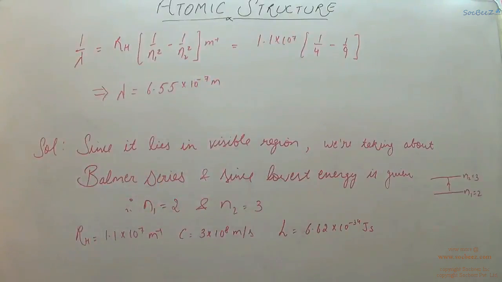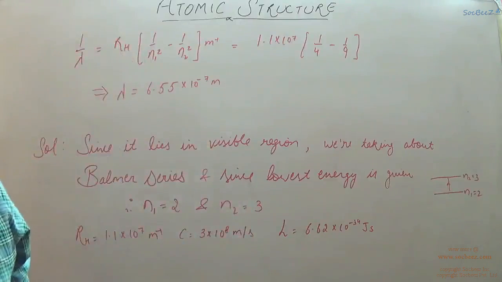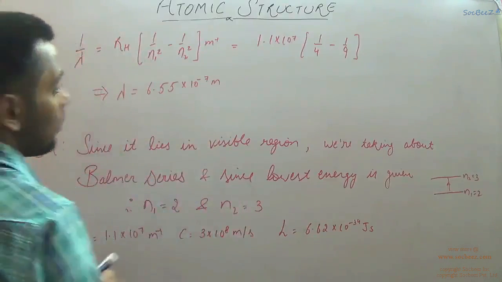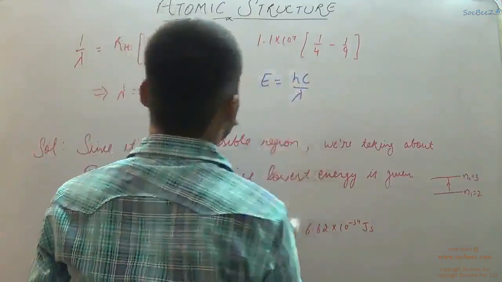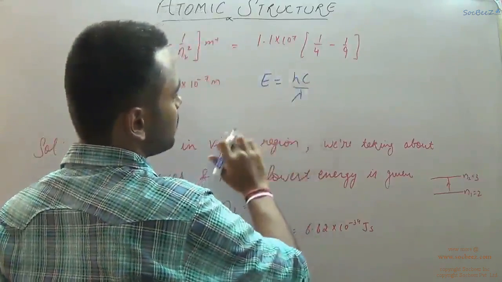Now from here the energy: E equals hc upon lambda, so we substitute the value of lambda in this equation.